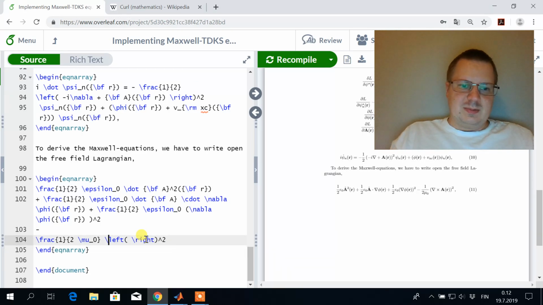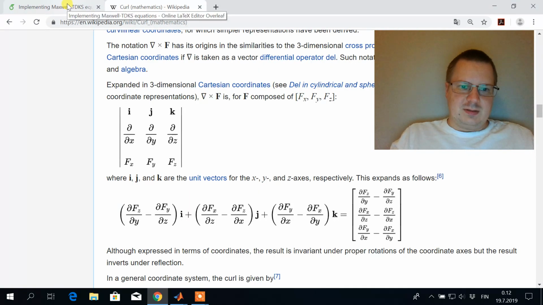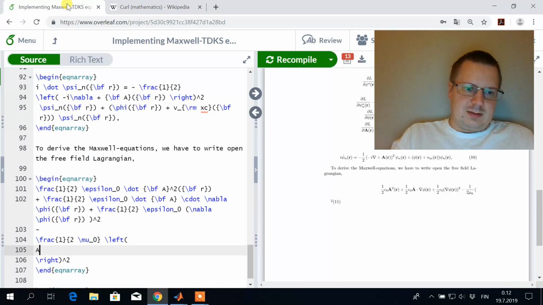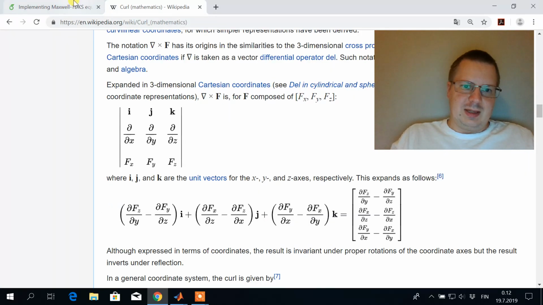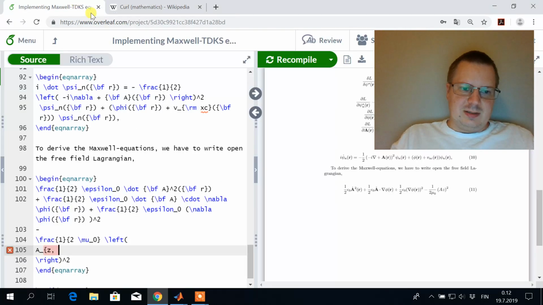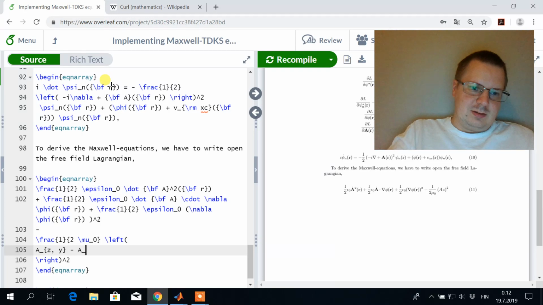It's del times A squared, and the components of the vector is A z, and I'm going to use a comma notation. So A z means the z component of A, but comma means that we take y derivative of that one, minus A y comma z.